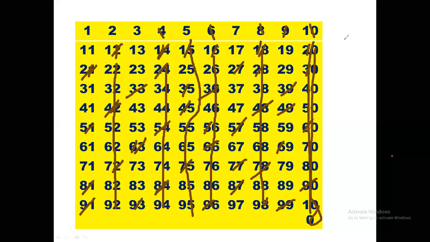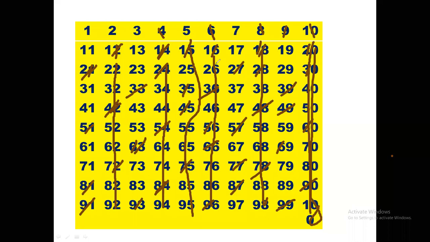Now, my children, look at your chart for a while. There are numbers over here which we have crossed once or several times, but there are some numbers which we haven't touched even. They are uncolored, or we haven't crossed them.